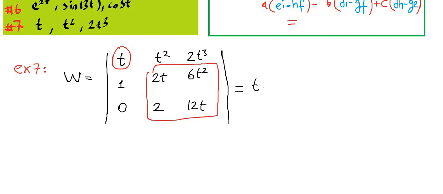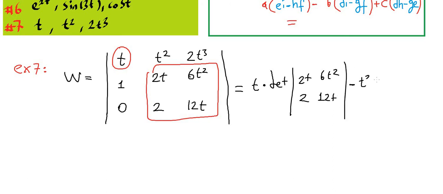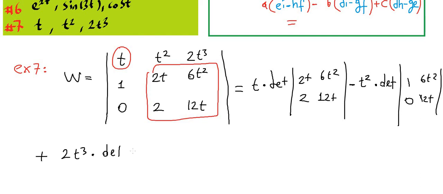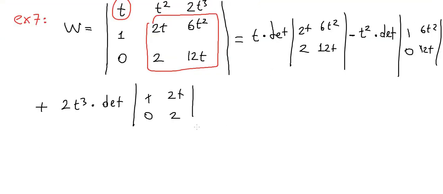So t times the determinant of that matrix, minus t squared times the determinant of the matrix 1, 0, 6t squared, 12t, and plus 2t cubed times the determinant of the matrix 1, 0, 2t, 2. Now we can compute this.